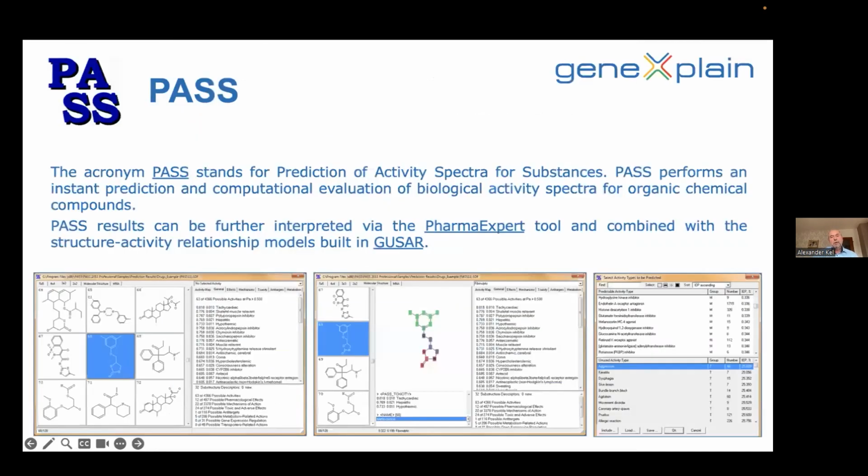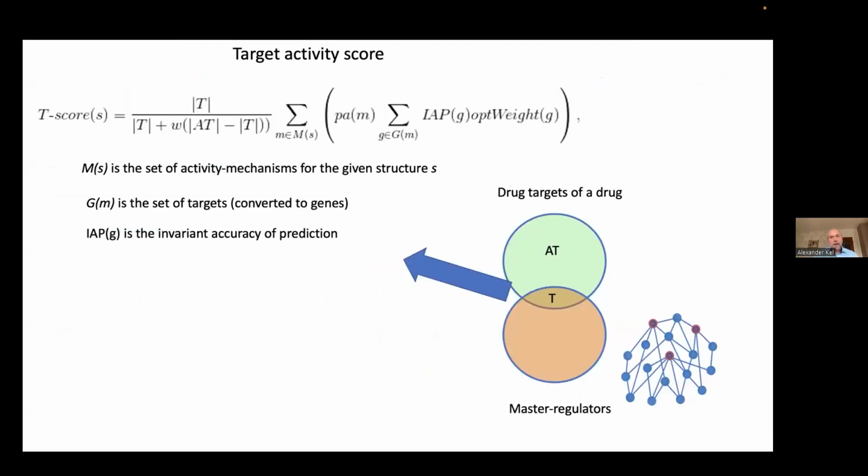But most important for us in the context of this symposium is whether, once we found those drug targets, we can do drug screening using programs from chemoinformatics, for instance PASS. As we talked today a lot about screening in this symposium, we also made our attempt to convert this PASS output into a screening score. Using what we call a target activity score, we screen not the whole variety of genes in the genome, but only those we found in our master regulator search.